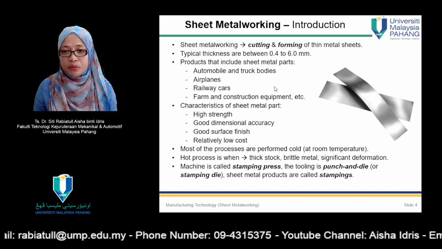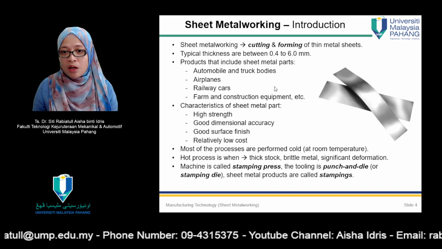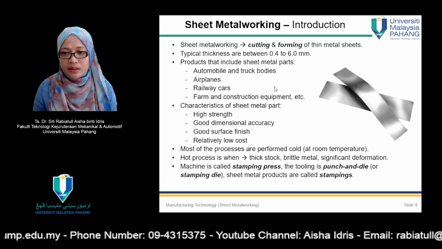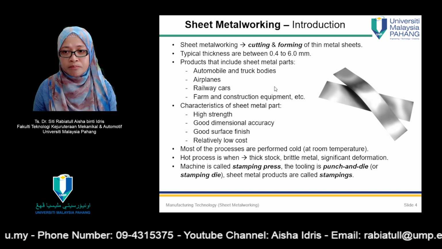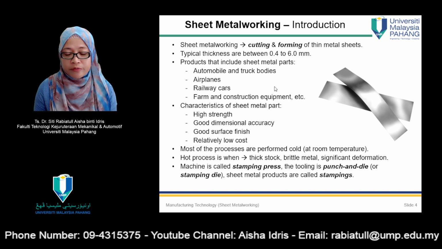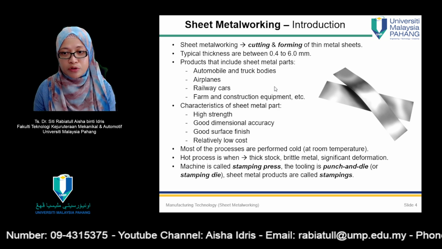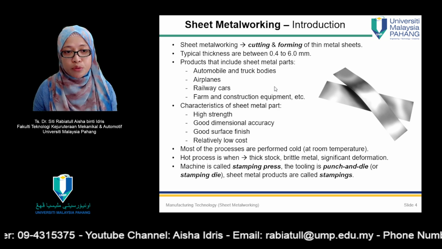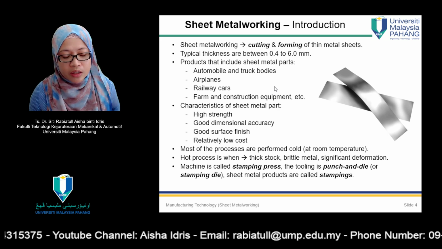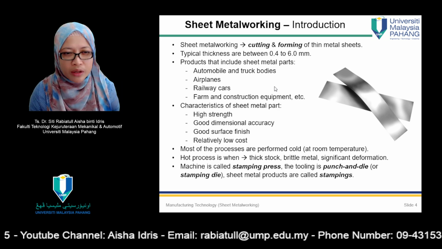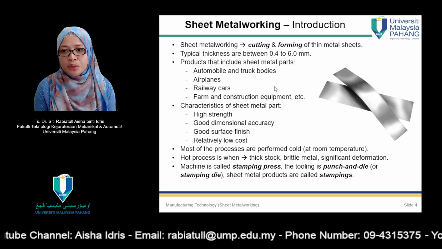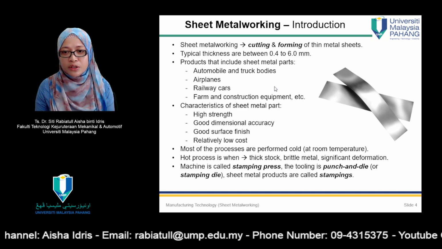As an introduction for sheet metal working, sheet metal can be cut and formed using various processes as mentioned just now, like cutting, bending, drawing, and EDM, electric wire cut, and so on. So why do they call it sheet metal working?